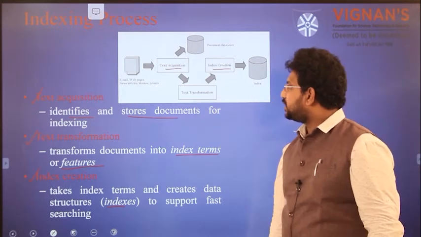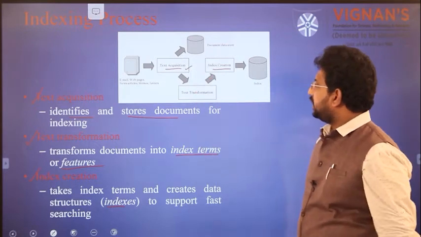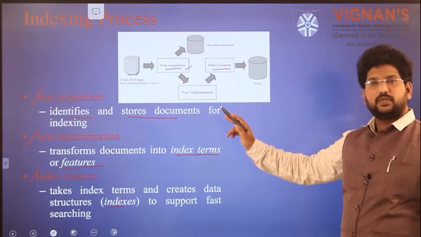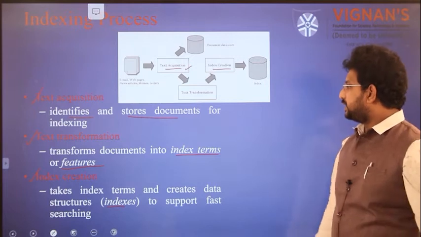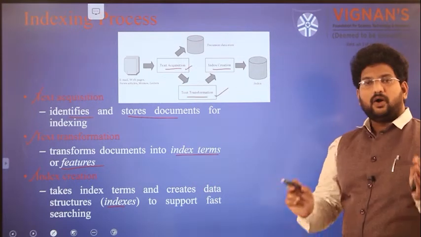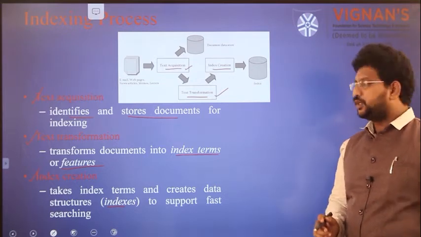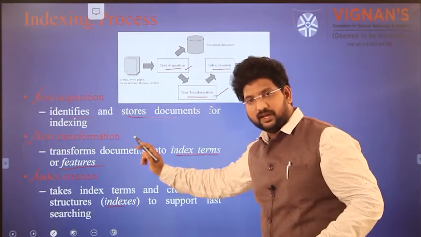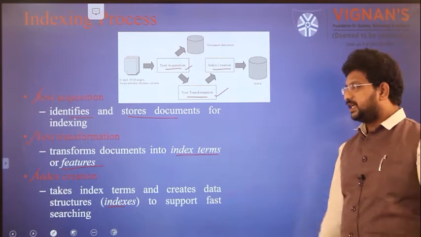One is text acquisition, which identifies and stores the documents for the indexing. Next, text transformation, where all the textual document information is converted into the index terms or the features. And the third one is index creation.